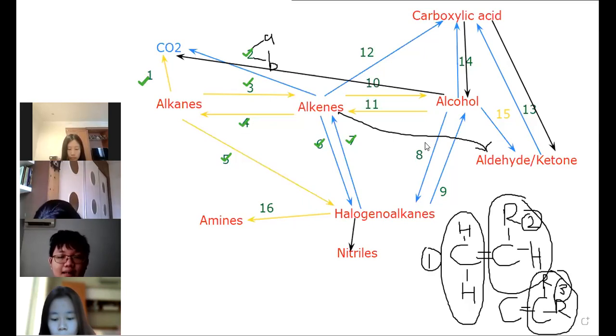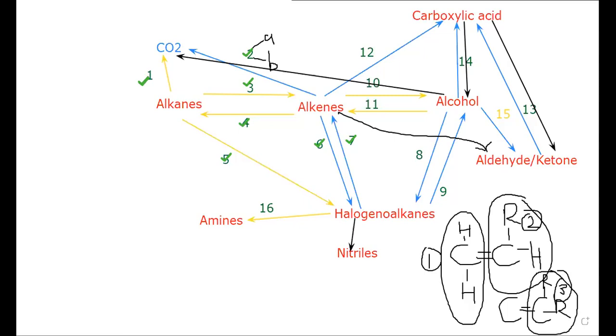For alcohol to become halogenoalkane, it would simply require hydrogen bromide, for example. Yes, that is one reactant. Can you state the other reactant? It will be ethanol. Yes, good. And then we have the catalyst being concentrated H2SO4, and sodium bromide. Bromide, not bromine.